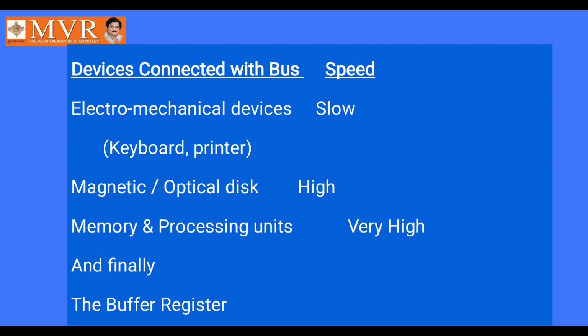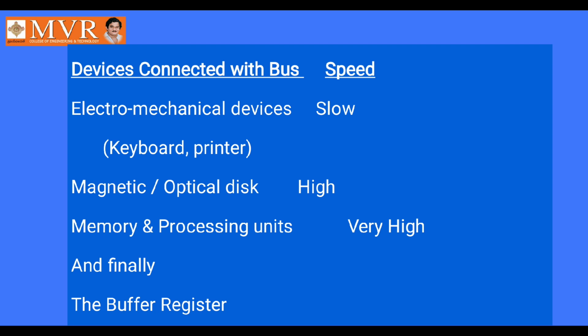In general, when we compare with the central processing unit speed, these IO devices' speed is deadly slow. If a CPU is transmitting 16 bits of data together, because it is parallel sending, electromechanical devices like keyboard and printer will take only one signal at a time.